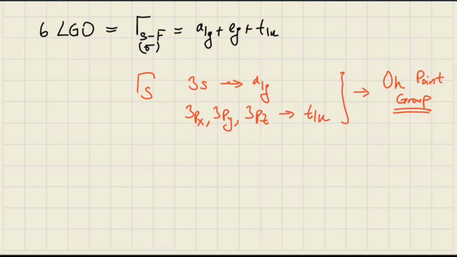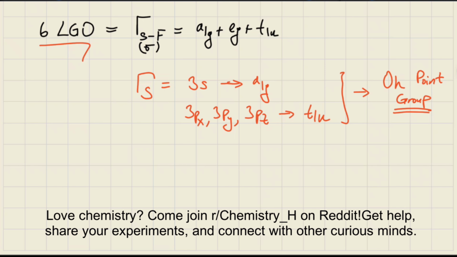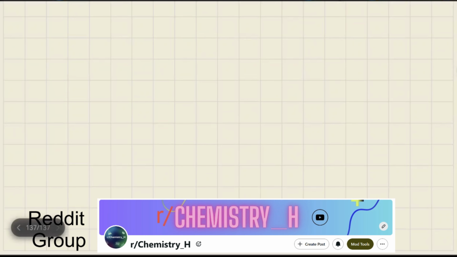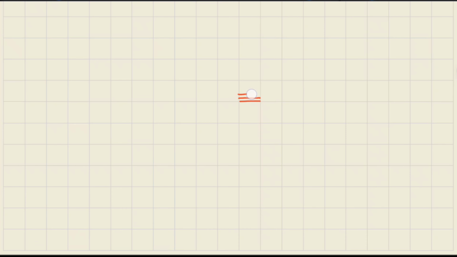So we now know the reducible representations for the central atom and the representation for the 6 LGOs, and I want to construct the molecular orbital diagram. So we have 6 F atoms, so 1, 2, 3, 4, 5, 6.